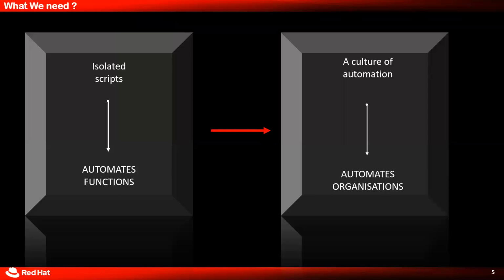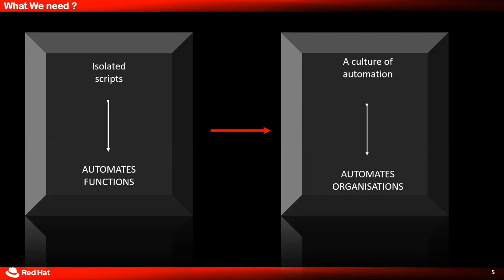So let's take the same example. If, as an infrastructure person, I have a script which reboots a server, the same script should be usable by any other team inside my organization. So one reboot script can serve the purpose of rebooting a server for any team.